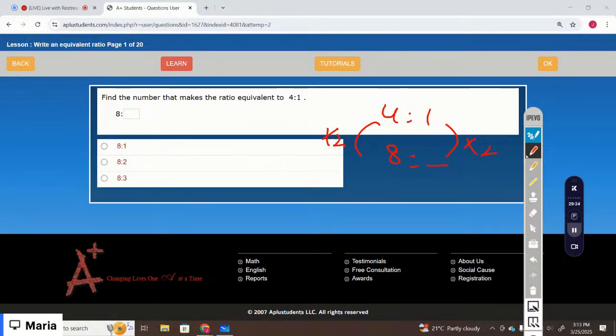So the missing number is 1 times 2, which is 2.